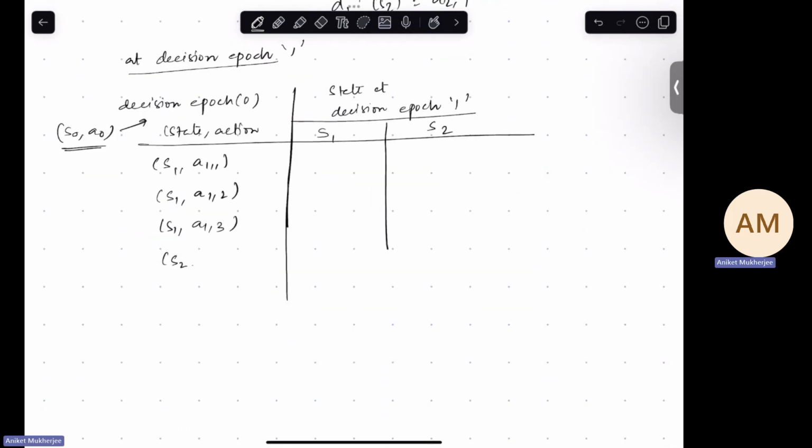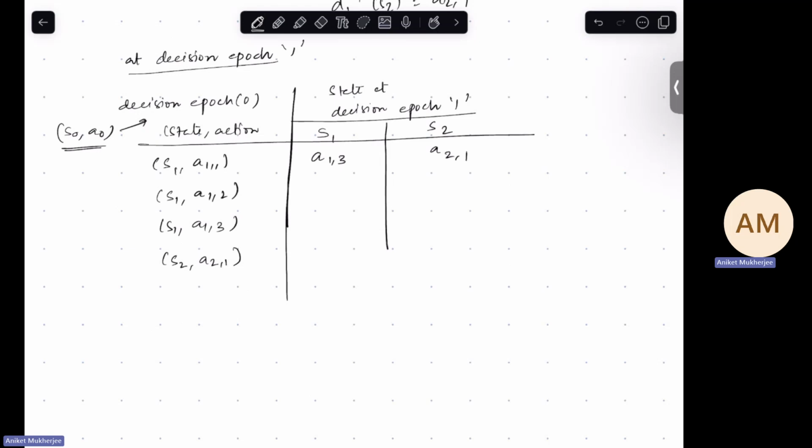So you could be at state S2 and you can take the action A21, right? So if you're in state S1, take the action A11, then you can end up in state S1 with probability 0.5, you can end up in state S2 with probability 0.5. So suppose you ended up in state S1, then one policy is you take action A13. If you ended up in state S2, then you have to take A21 because there is no other action possible that you can take in state S2.